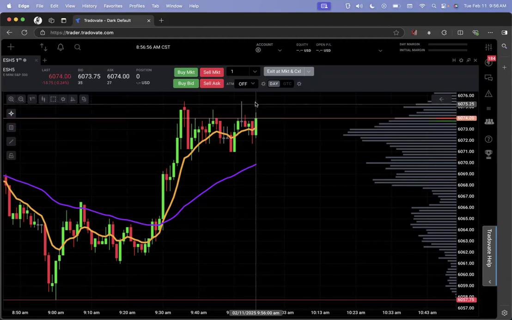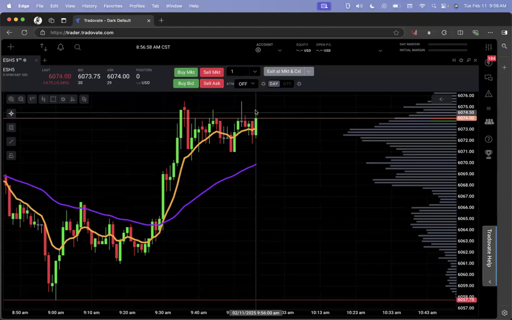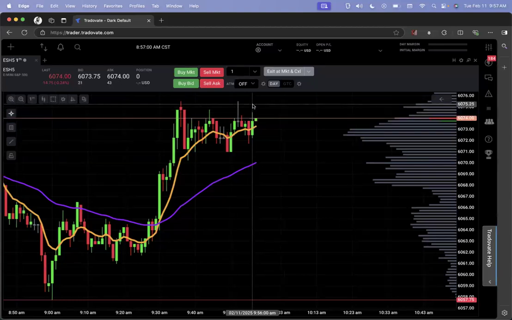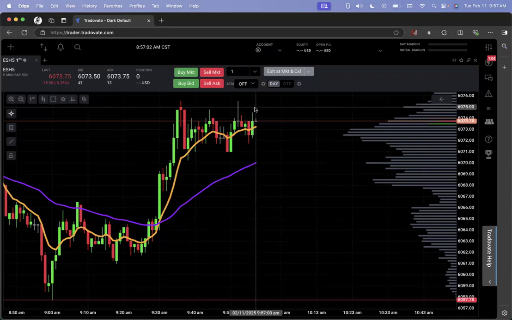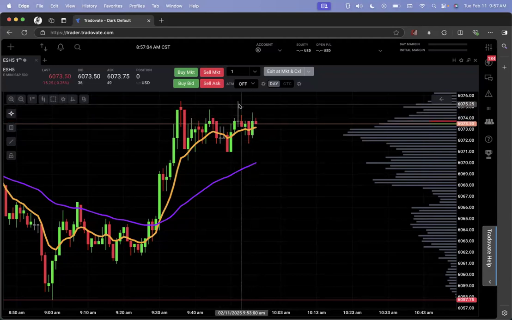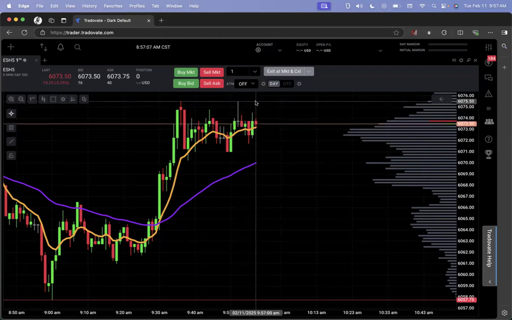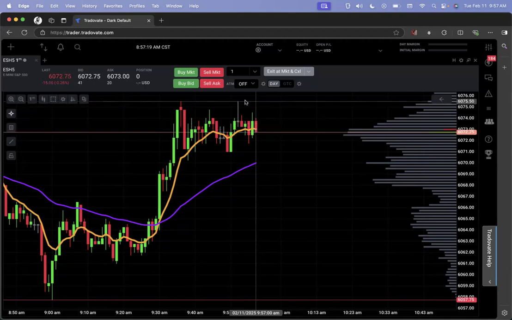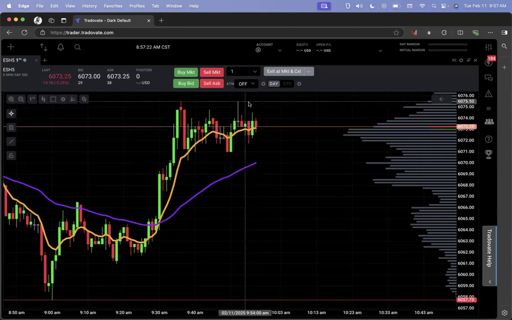So, if it's sunny outside, grab your sandals, right? But then if it starts raining, then you're like, all right, I'm out of here. I'm going back inside, right? And that's your stop loss. Your stop loss is when it starts raining. You don't need it to start pouring rain to know that rain is coming from the sky, to go back inside or to go get your umbrella.